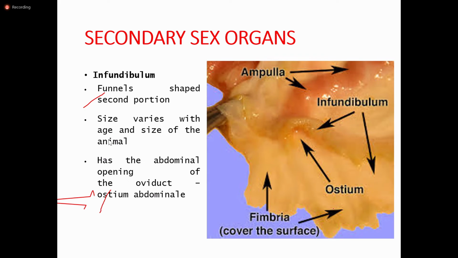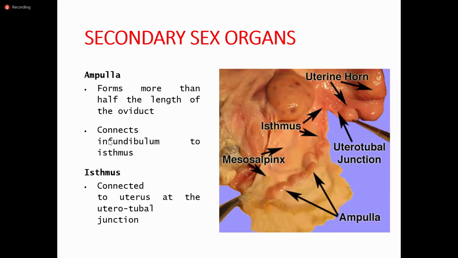Okay, so let's take a look at the ampulla. This ampulla is more than half of the length ng oviduct. For the isthmus, it is lesser. Mas maigsi ang isthmus natin. For the ampulla, it connects the infundibulum and the isthmus. For the isthmus, it connects the ampulla and we have the uterotubal junction and the uterine horn.